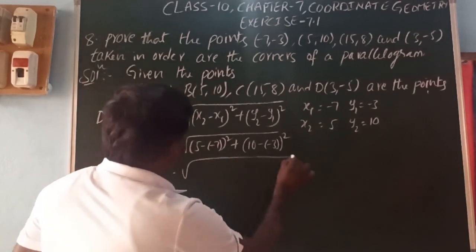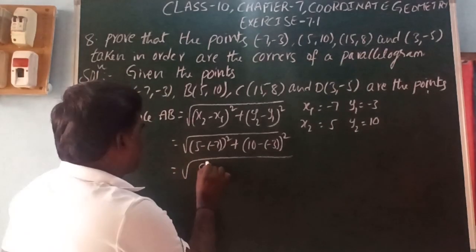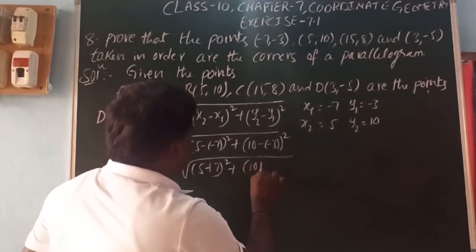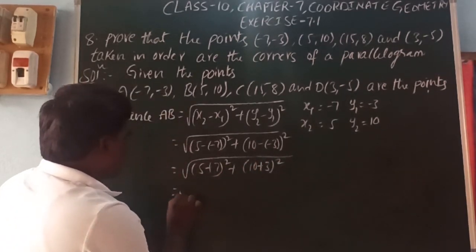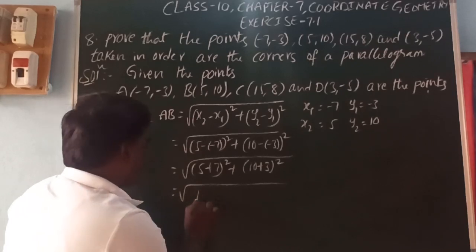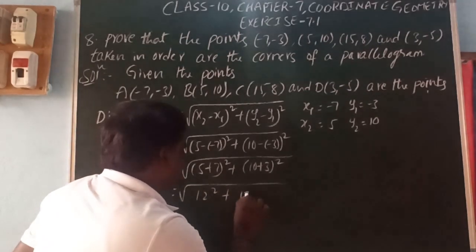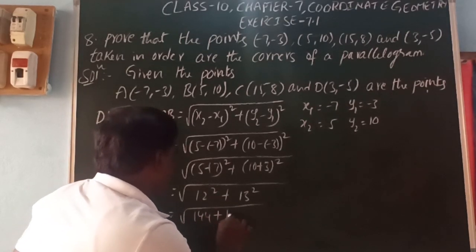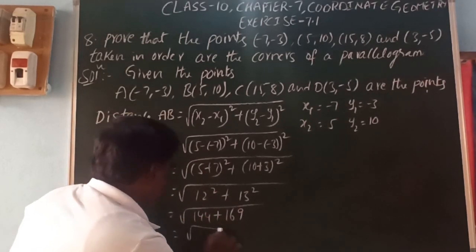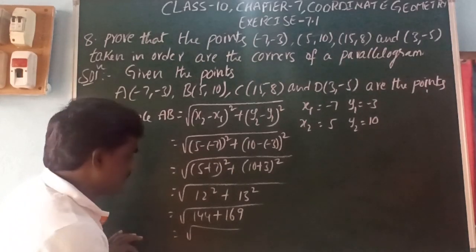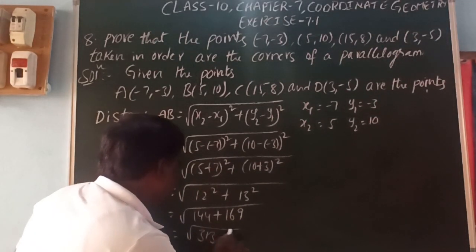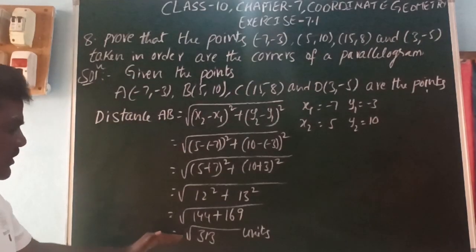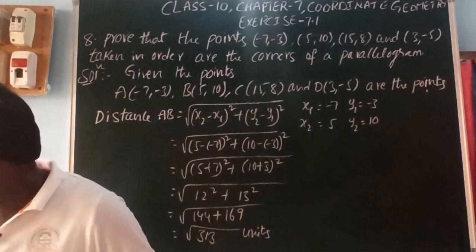That is (5 plus 7) whole square plus (10 plus 3) whole square. So the square root of 12 square, 144, plus 13 square, 169. So the square root of 313 units. So the distance AB is square root of 313 units.